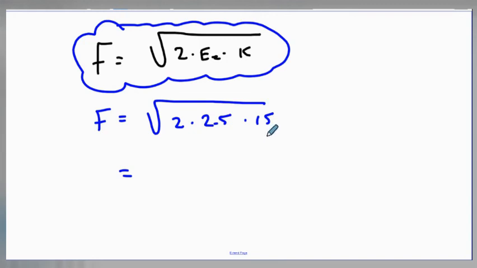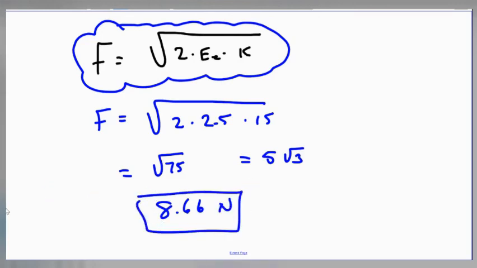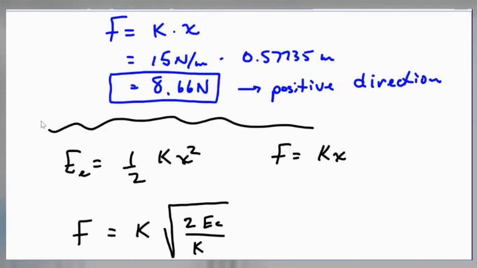And the square root of 75. Wow, you know what, I'd rather say that's 5 times the square root of 3. But for those that don't like your radicals, 8.66 newtons. I found that a little easier. Oh, look at that. Same answer.